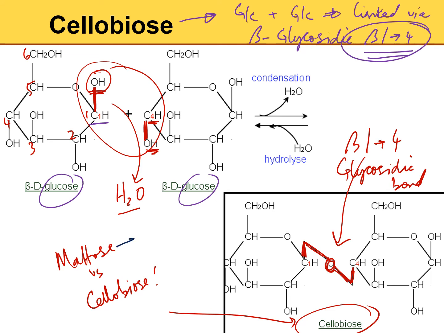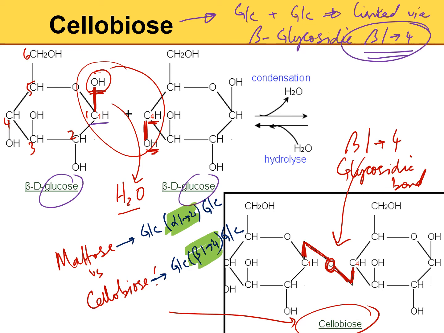In maltose, you have glucose alpha 1,4 glucose. In cellobiose, you have glucose, but you have beta 1,4 glucose, right? So make sure you understand the difference between the alpha and the beta glycosidic bond. That gives you different things.